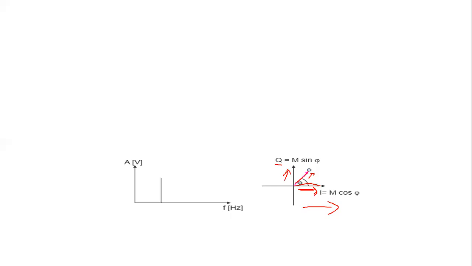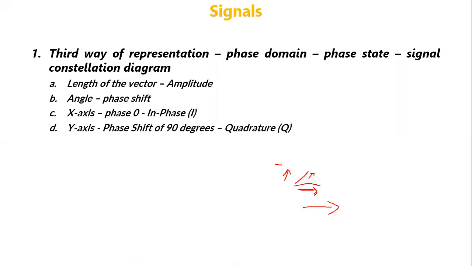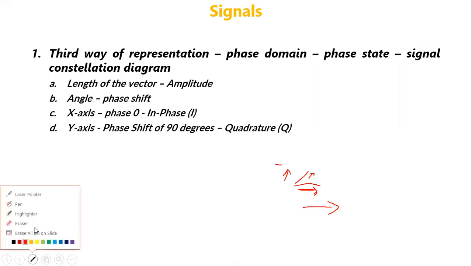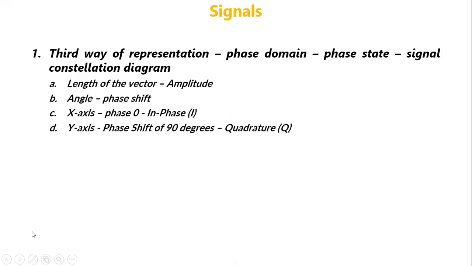If the signal is shifted by 90 degrees, then this vector will lie on the y-axis, and that is called quadrature. So the length of the vector represents the amplitude of the signal, and the angle is nothing but the phase shift.